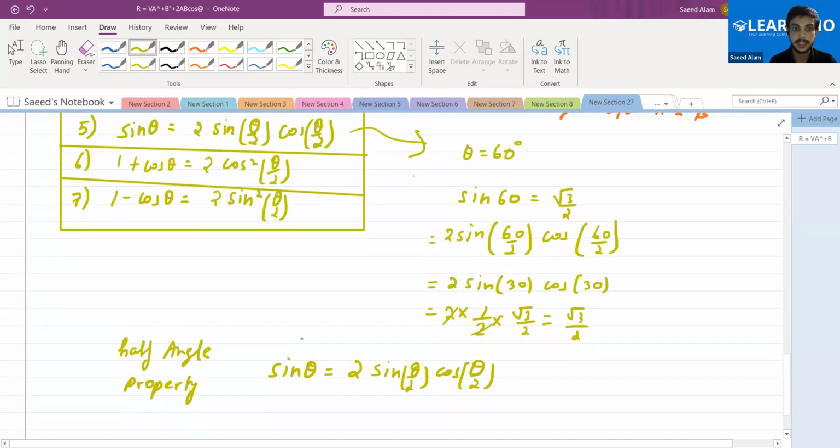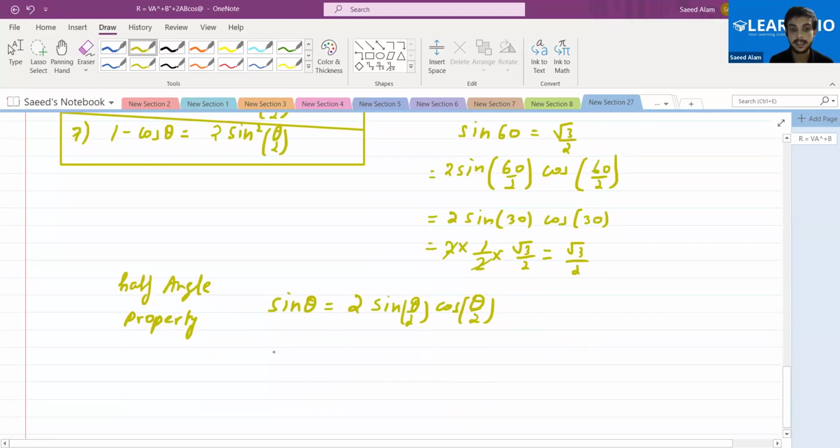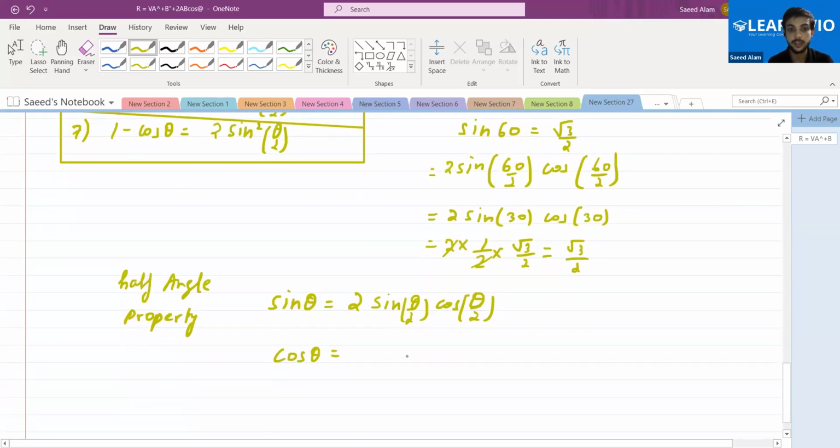Yes. Similarly, what is next is that if you need to do the half of this angle in cos theta, remember this.